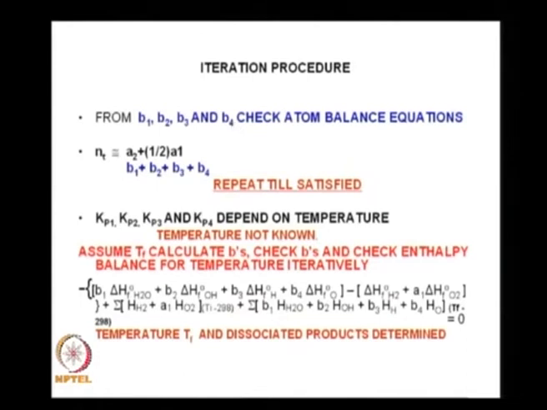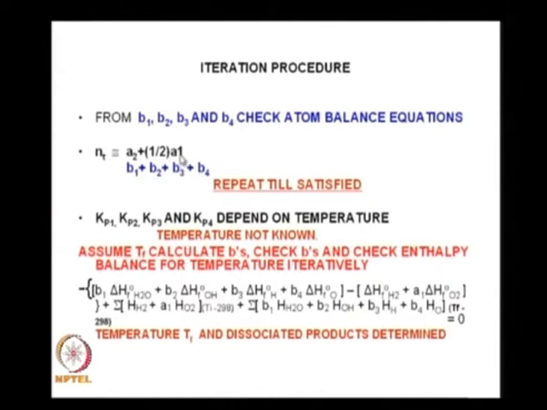Now I know all this, but what was my assumption? The total number of moles was equal to A2 plus half A1; A2 was 1, so we had 1 plus half into A1, and therefore this was known to me. But I assumed this, whereas the actual number of moles in the products is B1 plus B2 plus B3 plus B4.